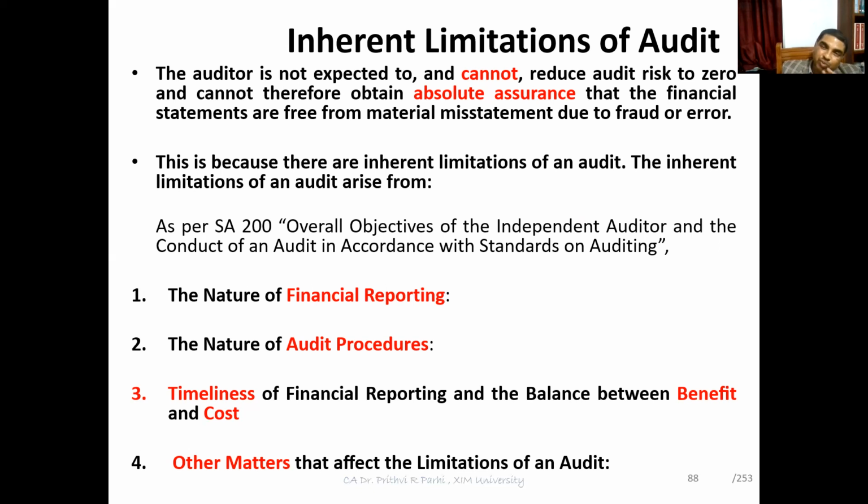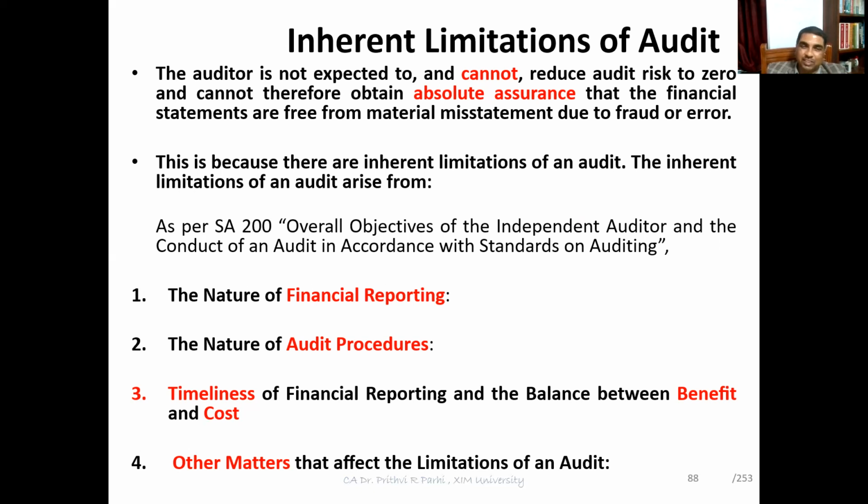The nature of auditing procedures, that also we will be learning. Whatever audit procedure you may adopt, you cannot guarantee that all the misstatements are detected 100%. The nature of audit procedures is such that there will be some inherent limitations.